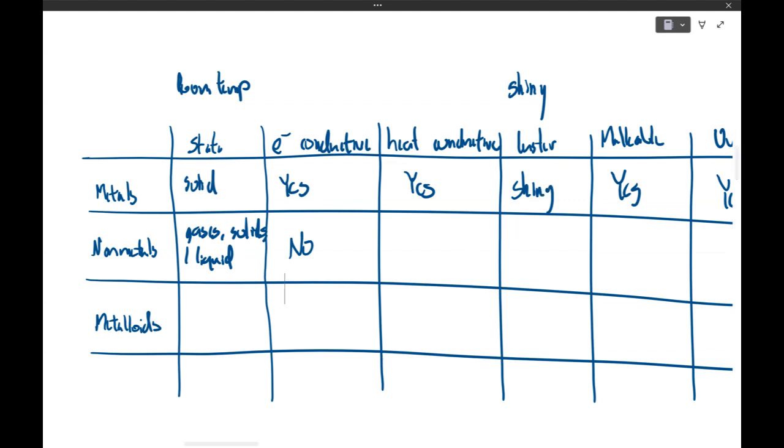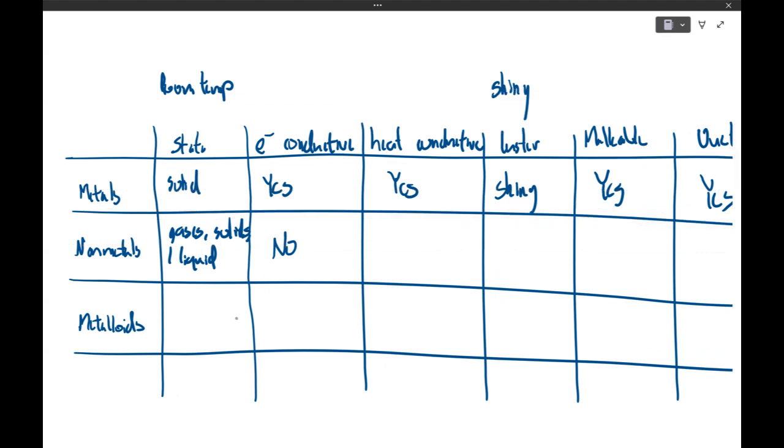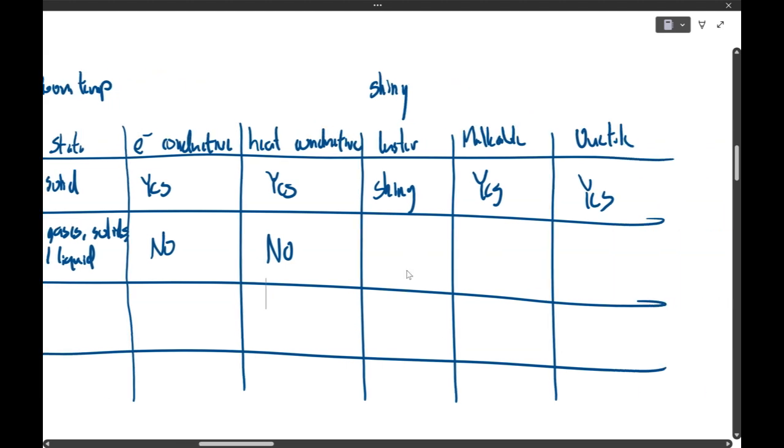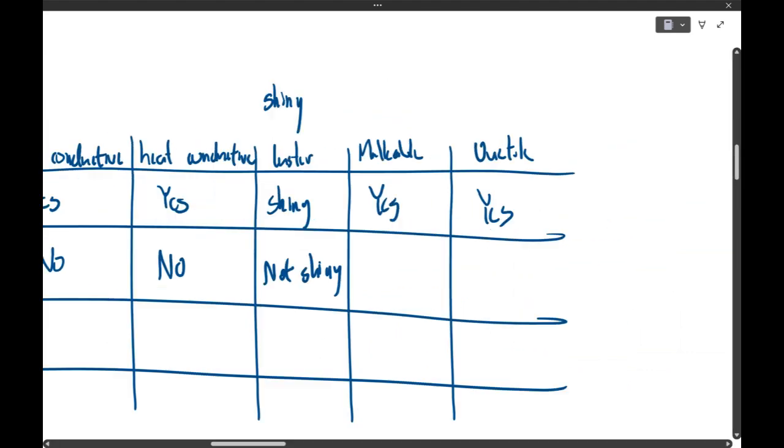That would be very bad for living things like us. They're also not as great at heat conductivity as, say, metals, so not really conductive to heat. And quite obviously, I hope this is obvious, they're not shiny. It would be very weird if the air were shiny.